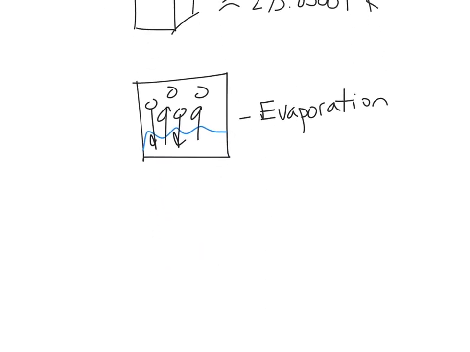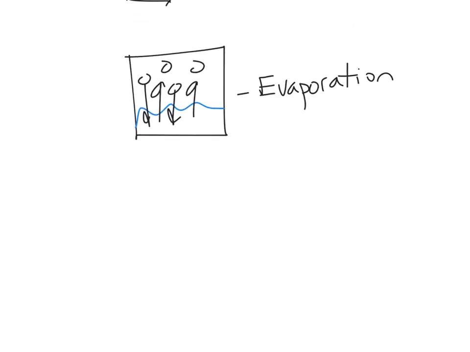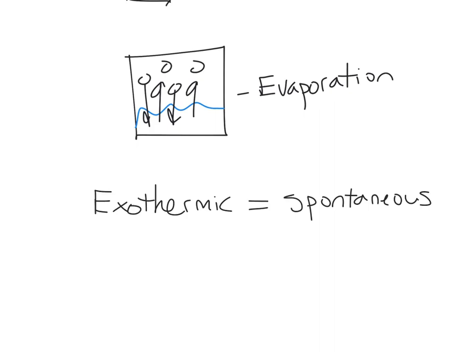Now, some common misconceptions that have been passed down over the years but have since been squashed out is that all things that are exothermic are spontaneous. You start a piece of paper on fire, it spontaneously continues to burn without any additional outside force acting on it. But that's actually not true. There are plenty of examples of spontaneous situations where the chemical or physical process is indeed endothermic.